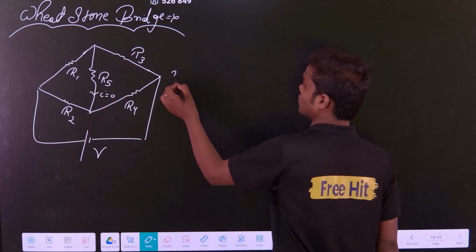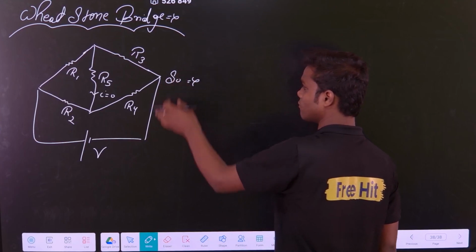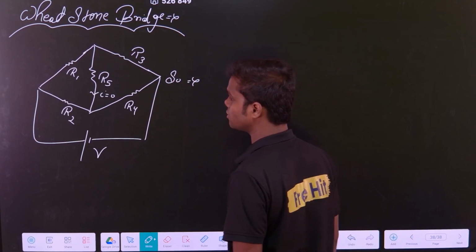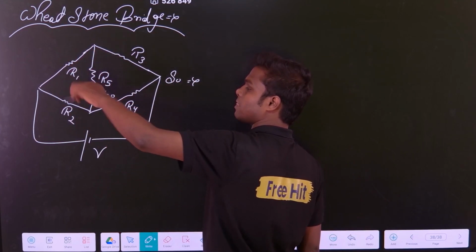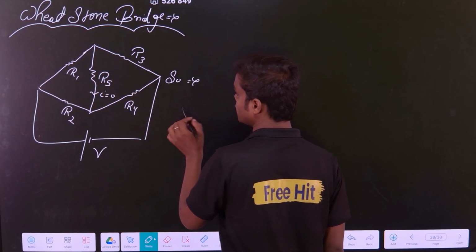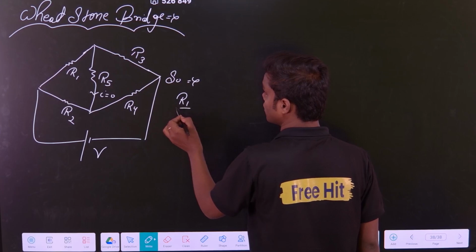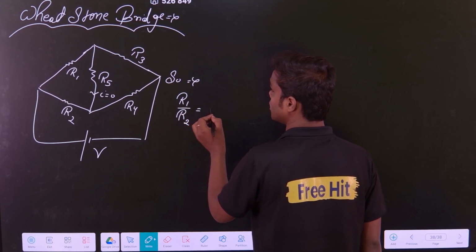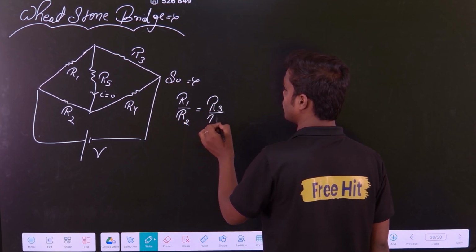That is given. If these conditions are fulfilled, what is the condition? They are connected in this way, and the current across R5 is 0. So we can say R1 upon R2 will be equal to R3 upon R4.